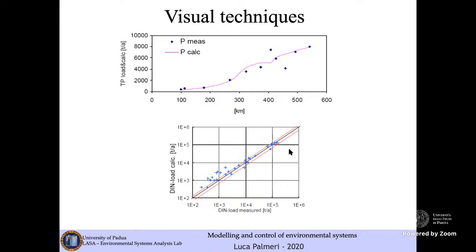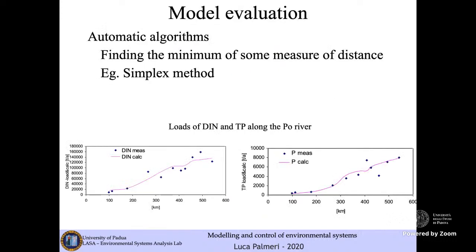The larger the subbasins, the better the model works. So the better the one-to-one relationship. And in terms of model evaluation, we may employ automatic algorithms, the types of algorithms that you may find in MATLAB.